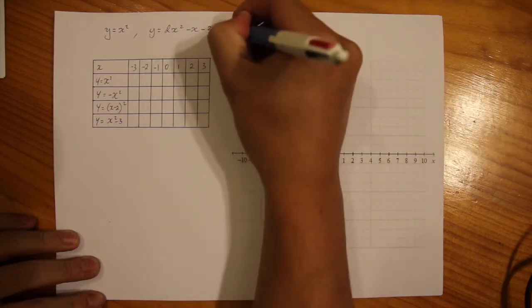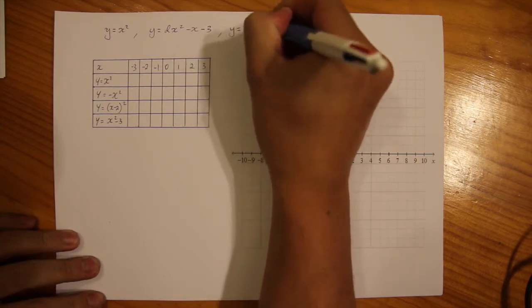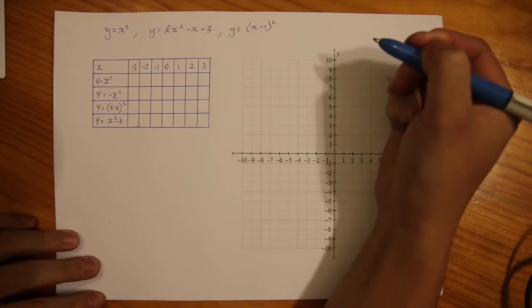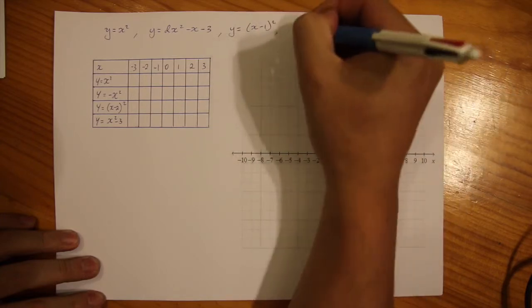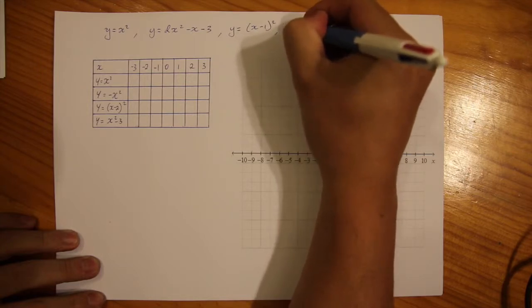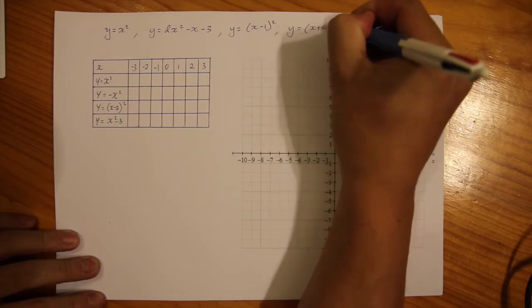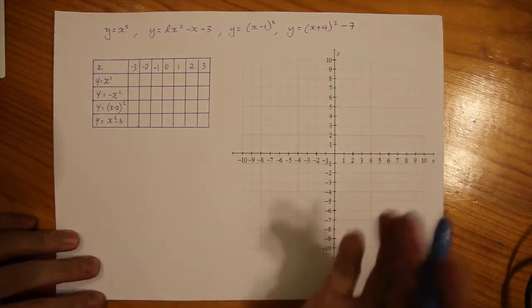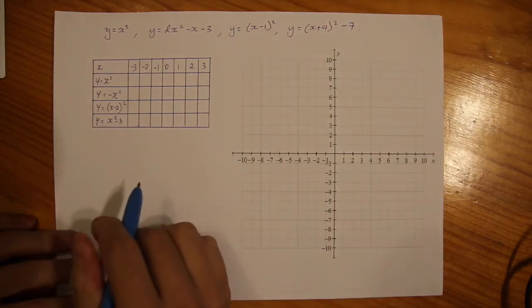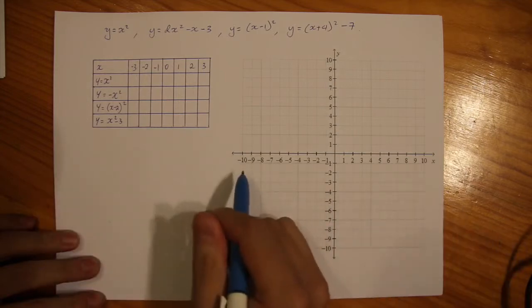Another option could look like y equals (x minus 1) squared. So you've got perfect squares. Or you could have something like y equals (x plus 4) all squared minus 7. All of those types of equations, quadratic formulas, will provide a parabola.